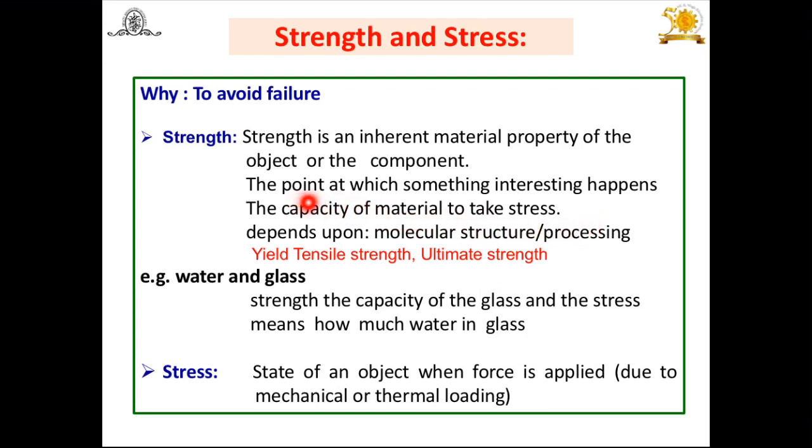You will find the point at which something interesting happens, that point is the yield strength. Therefore, we can say strength is nothing but the capacity of a material to take stress. And this strength depends on molecular structure and processing.